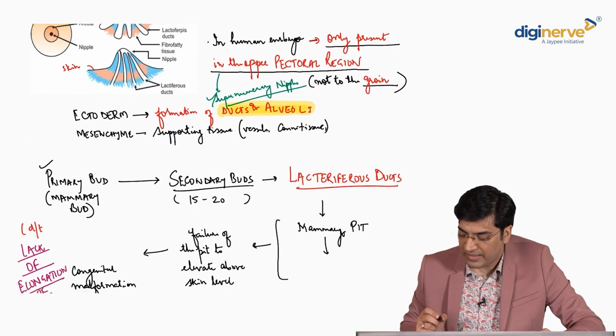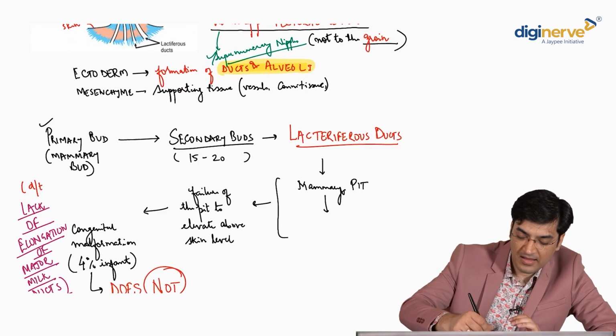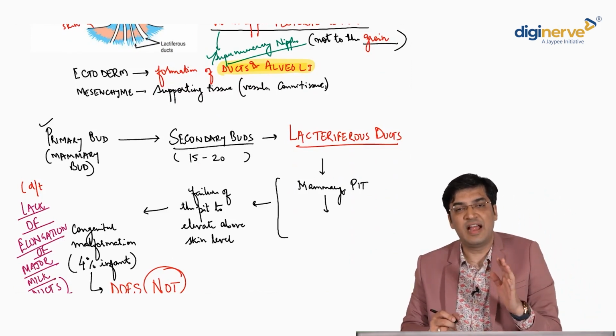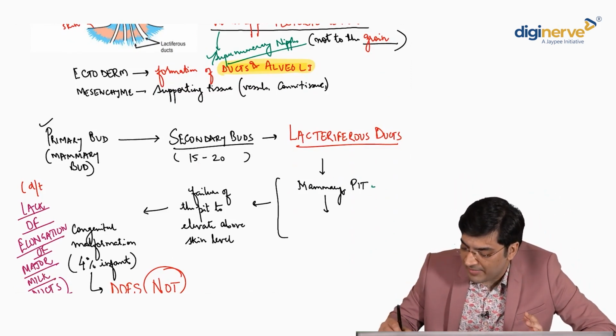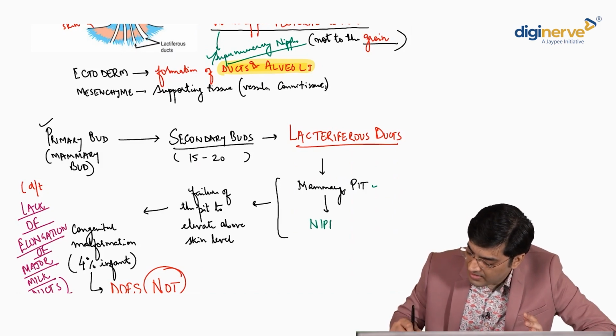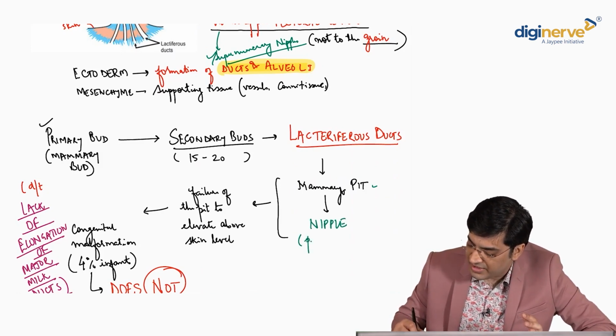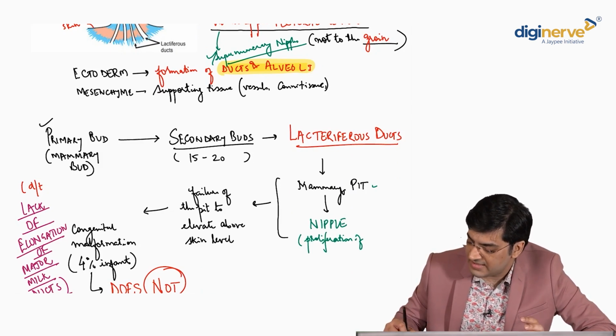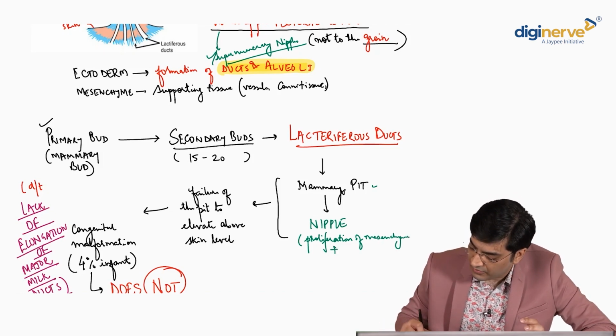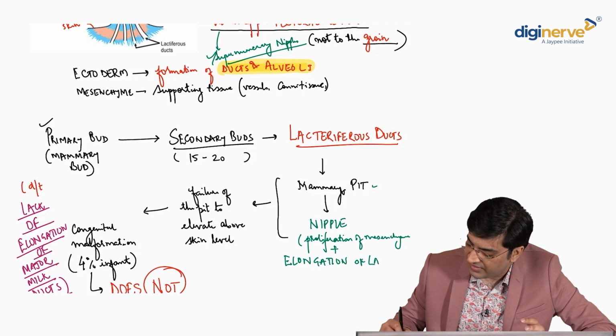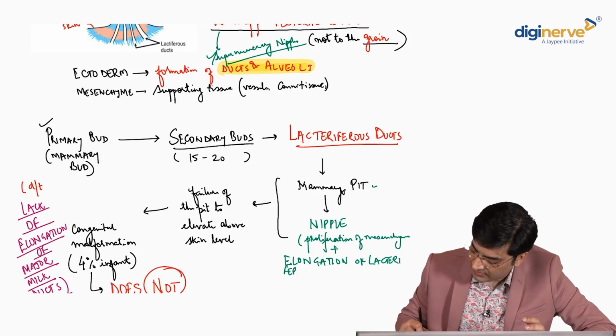So, what we read here is that from the lactiferous ducts which got elongated into the mammary pit, the nipple was formed, because of proliferation of the mesenchyme plus elongation of lactiferous ducts.